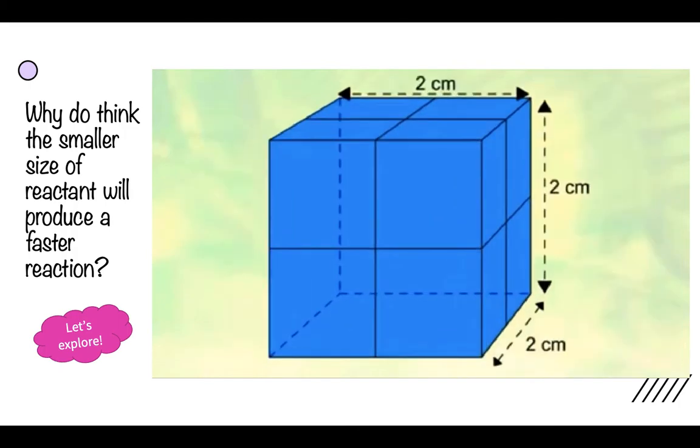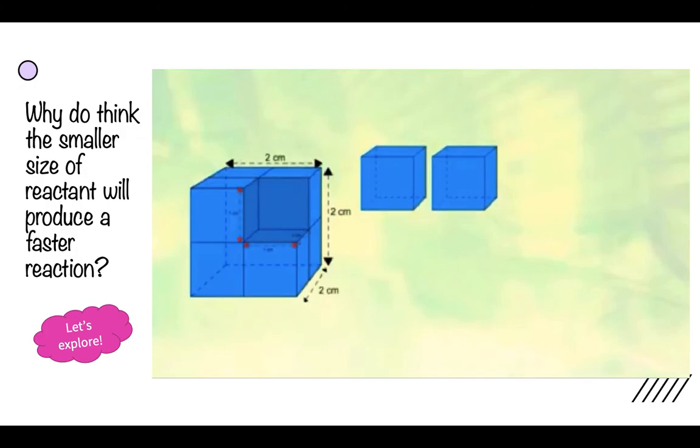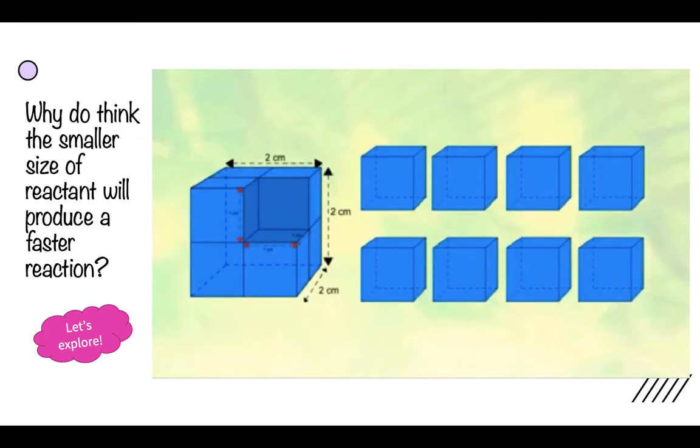Now, let's say we cut out the same chalk cube into smaller 1 centimeter by 1 centimeter by 1 centimeter cube. This results in 8 smaller cubes. Each cube has 6 sides. Now, calculate the total surface area of the chalk cubes.